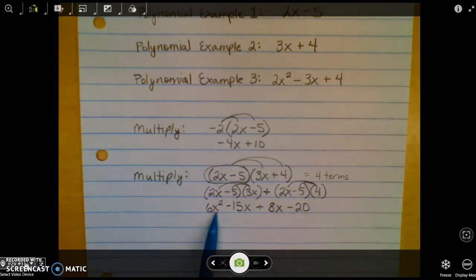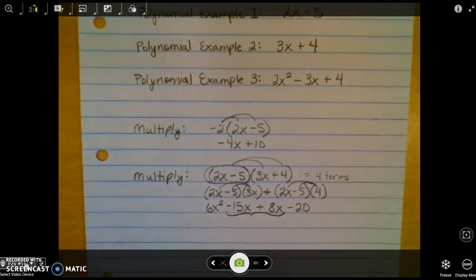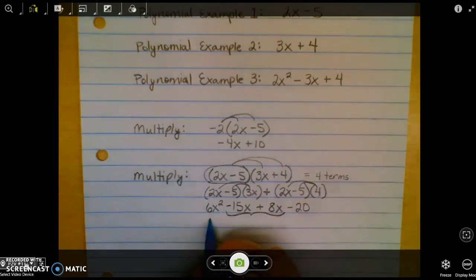Now, they should line up in order if the original 2 polynomials were in order. Then these 4 terms should be in order. So we have degree 2, degree 1, and then the constant term. So that means that these 2 are like terms and can be added or combined.